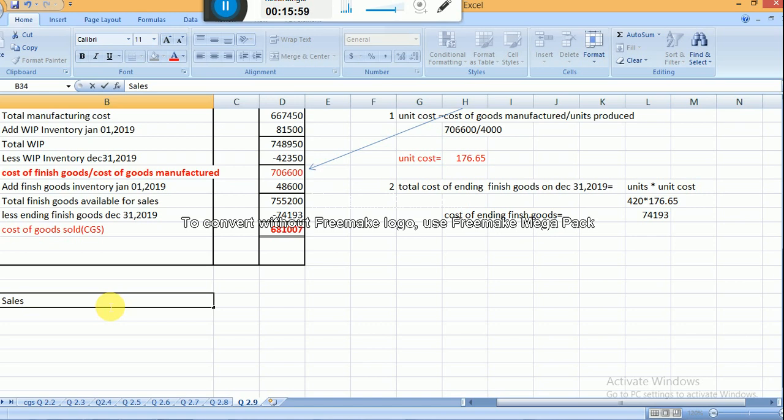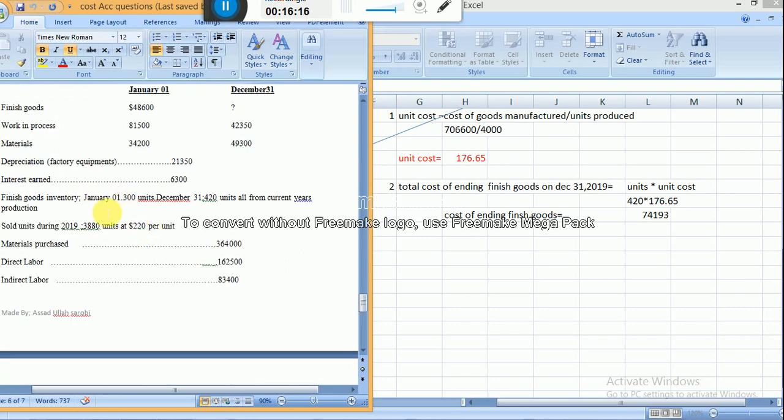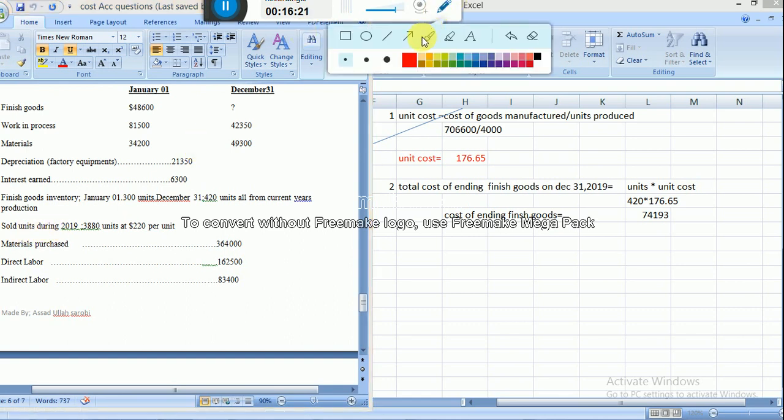In the question it is given that 3,880 units were sold during the year 2019, and the per unit price is 220.